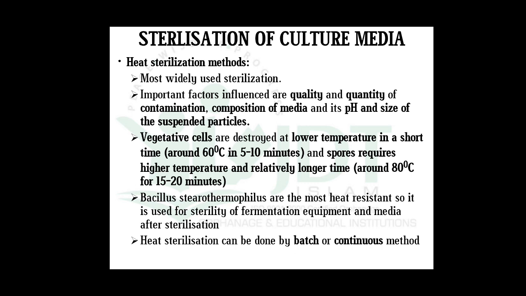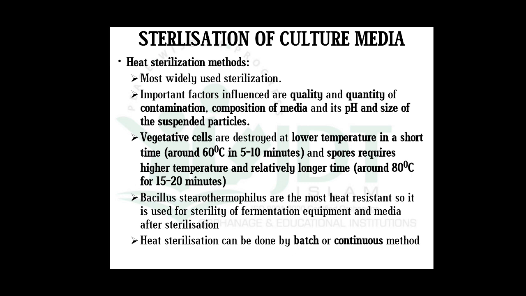Usually vegetative cells can be destroyed at a lower temperature in a short time, around 60 degrees Celsius for 5 to 10 minutes. But spores require a high temperature and a relatively long time, around 80 degrees Celsius for 15 to 20 minutes.